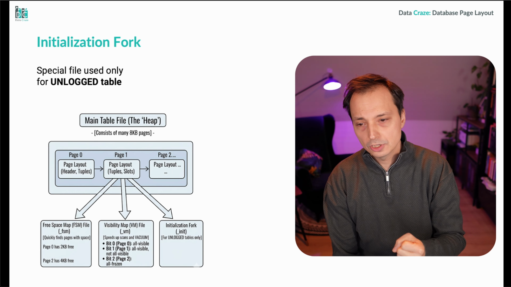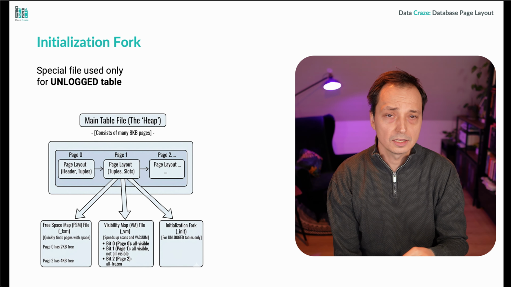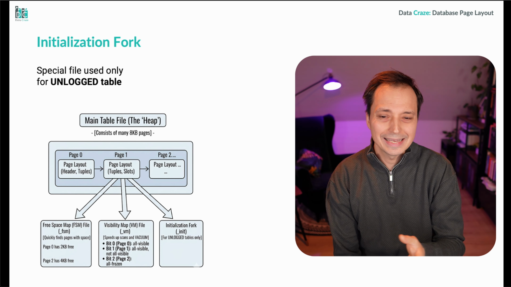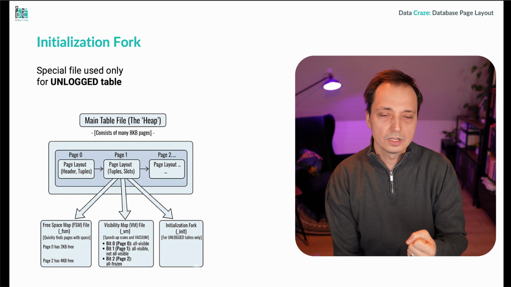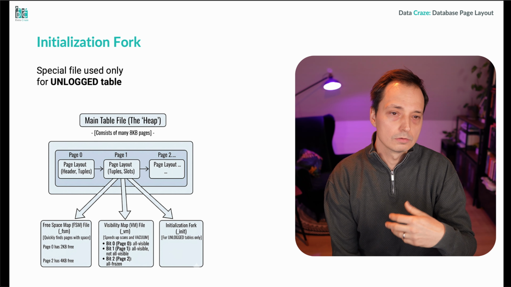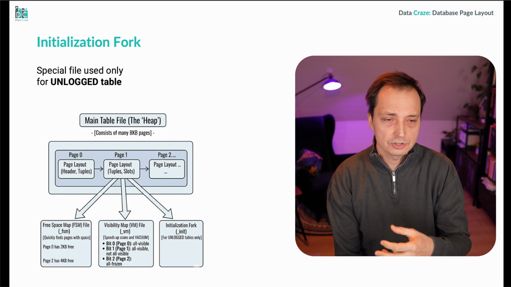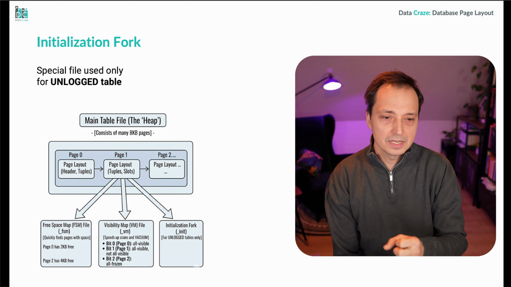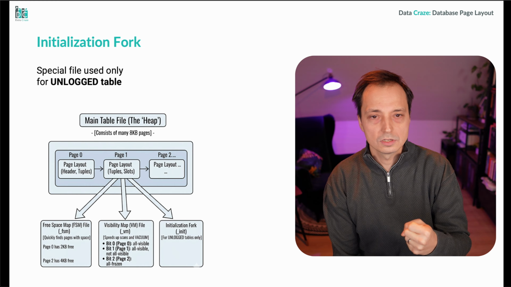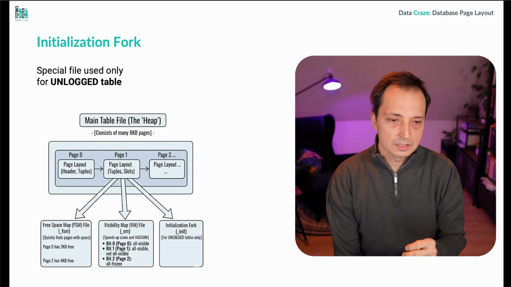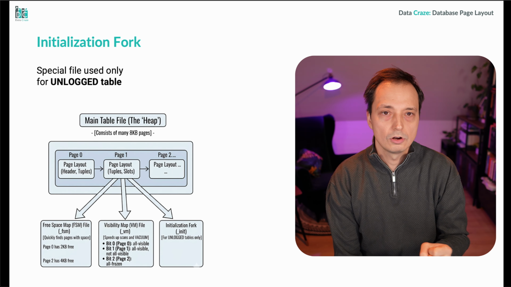So each and every single table that is marked as unlogged is keeping its own init file, initialization fork file. When the database is starting up, from a crash or in general, it basically overrides, using this init file, whatever state is there, if any, on that particular table.